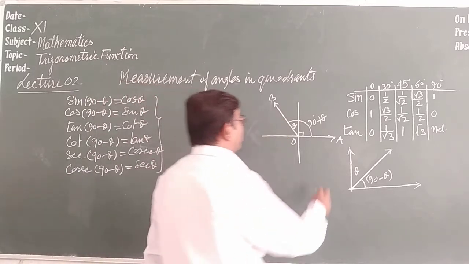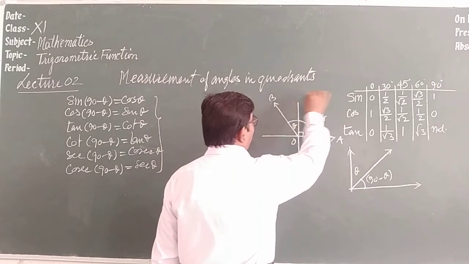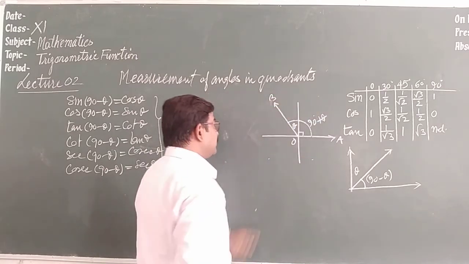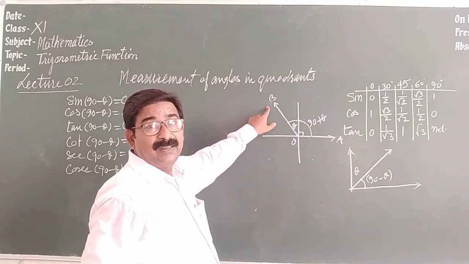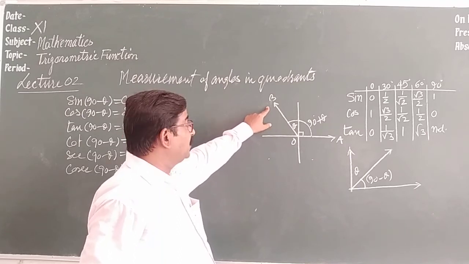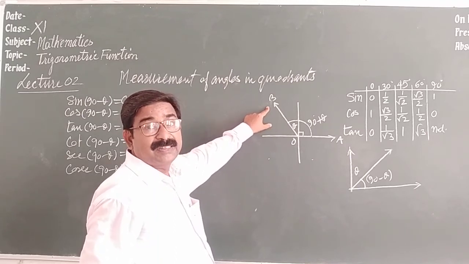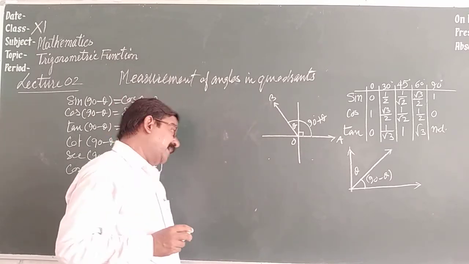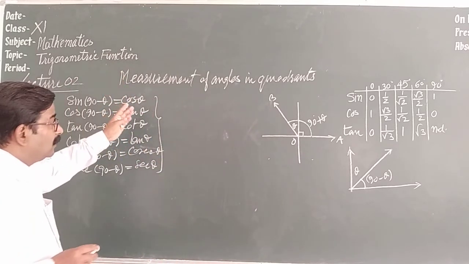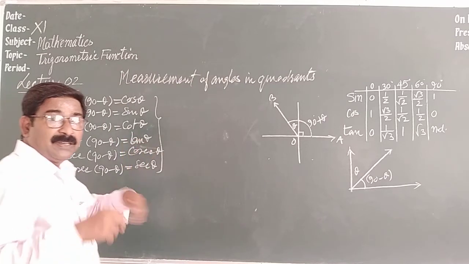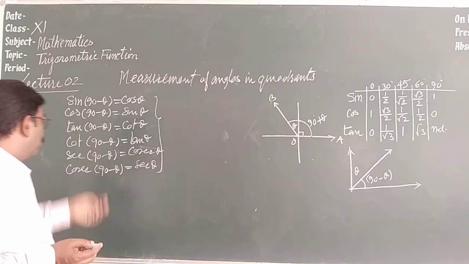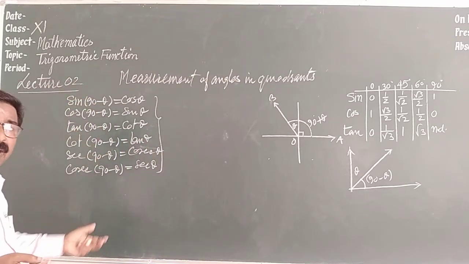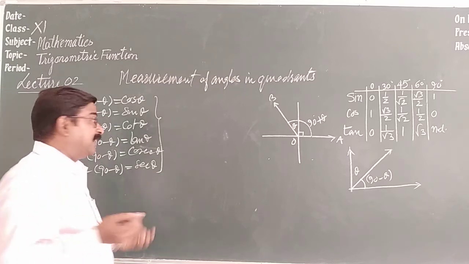In second quadrant, this is school to college, S means sine and cosec will be positive, and all other four are negative. So nothing to do. Just learn this formula and only change the positive sign and negative sign.